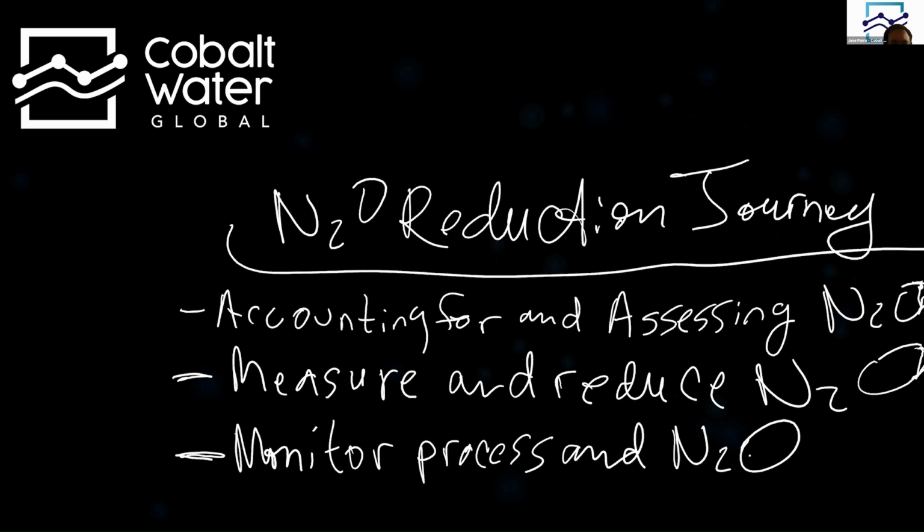So if we're not continuously monitoring the process and continuously making adjustments to reduce N2O, our N2O emissions can increase. And if the goal is to reach net zero, we don't want to reach net zero and then forget about everything. We want to stay net zero. So I think that in order to stay net zero, it's important to be monitoring the process and monitoring N2O, so that we can continuously be reducing N2O and continuously be minimizing N2O. But again, today, we're going to be focusing on measuring and reducing N2O.